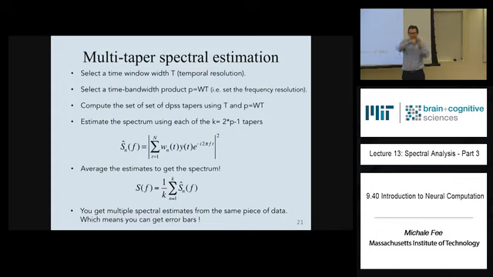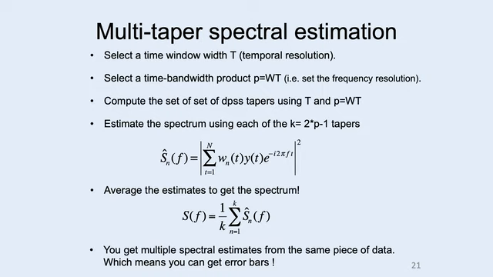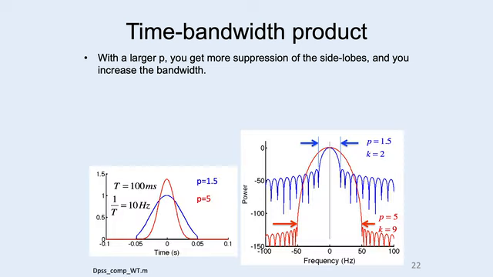It will send you back a bunch of these DPSS functions that fit in that window. Then you're going to take your piece of data, you're going to break it into little windows of that length, multiply them by each one of the Slepian functions, do the Fourier transform of each one of those products, average them all together. So take the square magnitude of each one to get the spectrum, and then average all those spectra together. So now, what does P do?